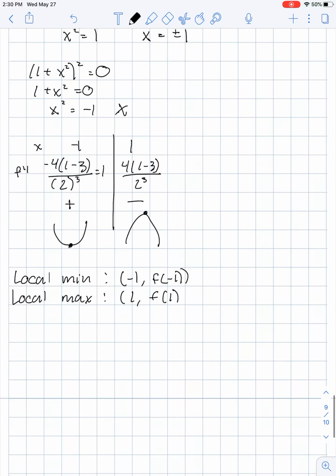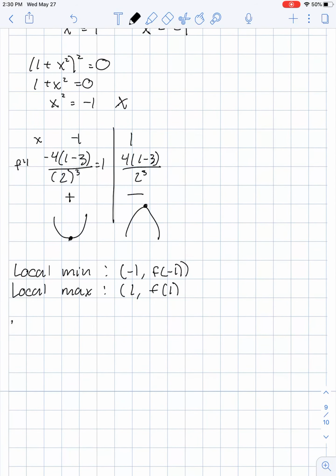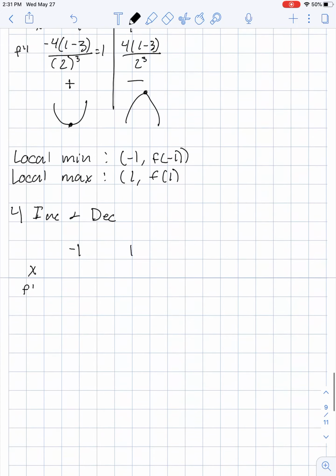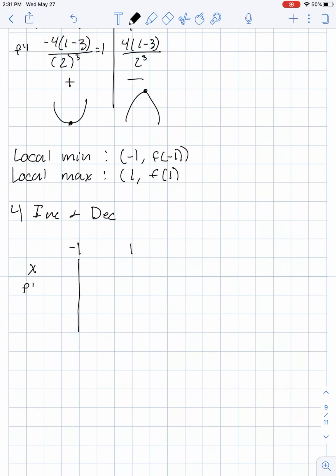All right, cool. So now we need to find where we're increasing and decreasing. This is sometimes where I like to use the first derivative test because then I already have where I'm increasing and decreasing. So we're going to have our critical values, -1, 1. We're going to have our test points, and then we're going to plug those into the first derivative and see the sign and behavior from there.